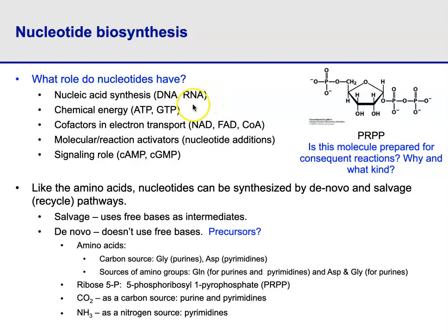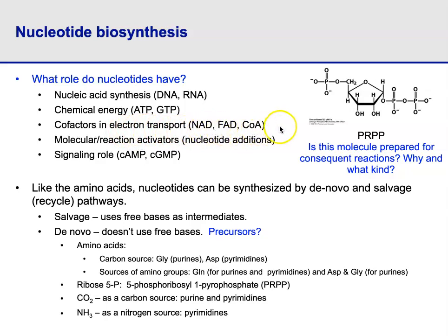And then we also connect them with chemical energy, but beyond that, we often do not really recognize the role of nucleotides in the function of the cell and in metabolism in general. So indeed they are building blocks for nucleic acids, and they are the chemical energy of the cell. But also they're involved as cofactors and also in electron transport.